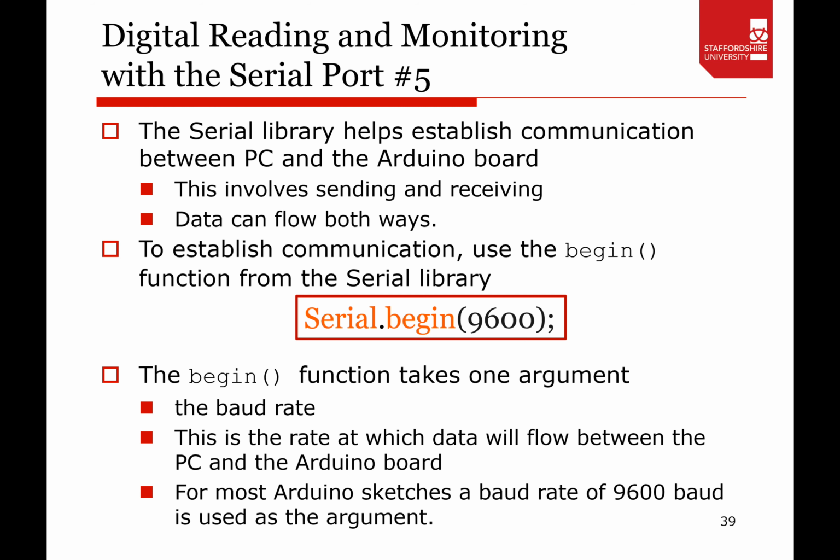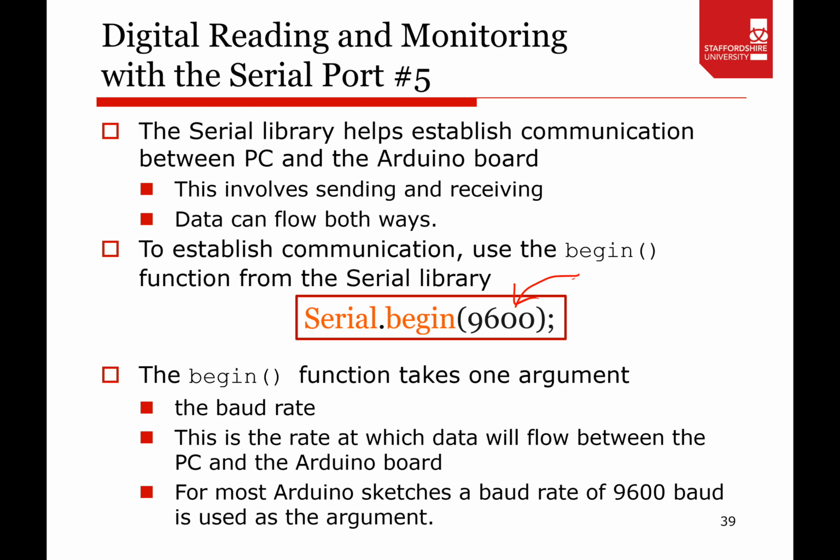To establish the communication in the first place, you need to use the begin function from the serial library. This number is the baud rate, so it's how fast the data can be transmitted. In a further class or tutorial or lab work, when we communicate between one microcontroller and another, you'll find that this standard 9600 baud is too fast for the communications that we're going to do.